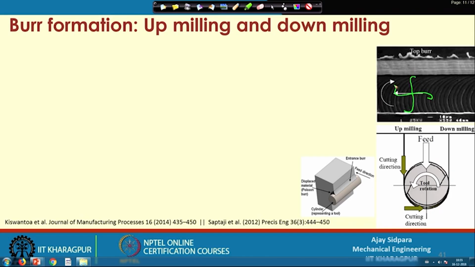The cutter is going in this direction, so you can consider this as one region and this as another region, with the top burr formation and the bottom burr formation. Now, consider this phenomenon.